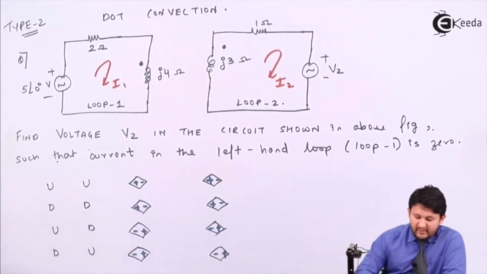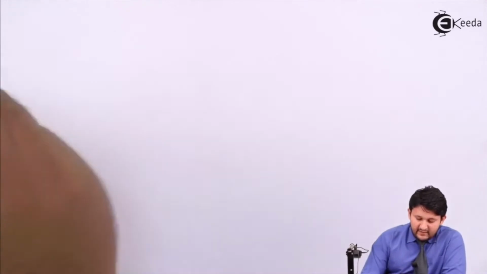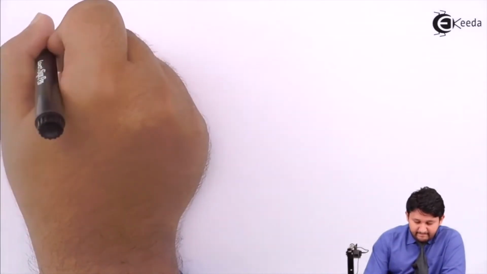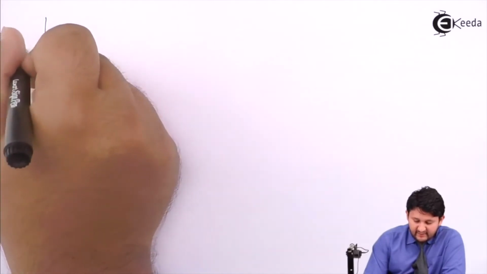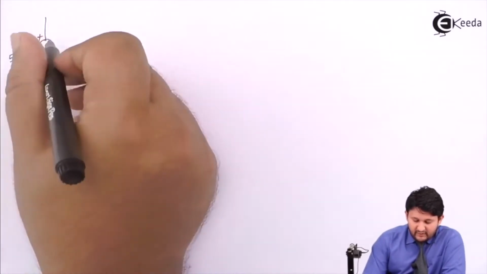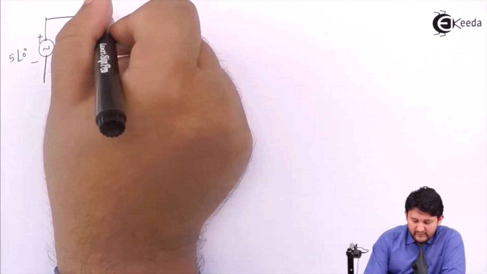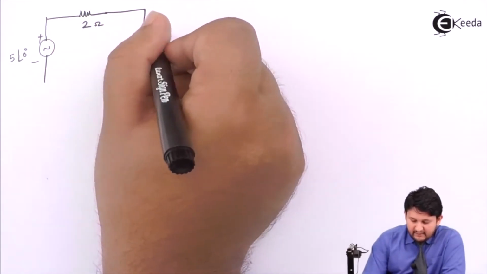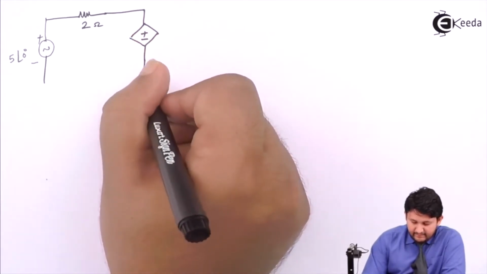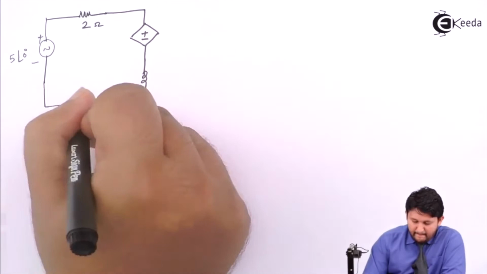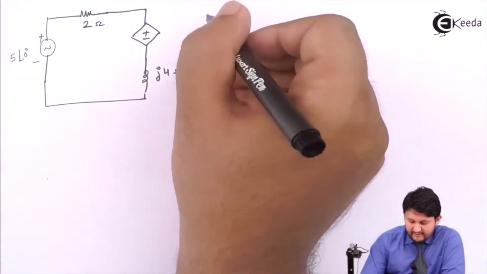So the revised circuit will be a sinusoidal voltage source 5 angle 0 in polar form, plus minus, resistance 2 ohms, and the dot is replaced by a voltage source, plus minus, then the inductor with value j4 ohms.